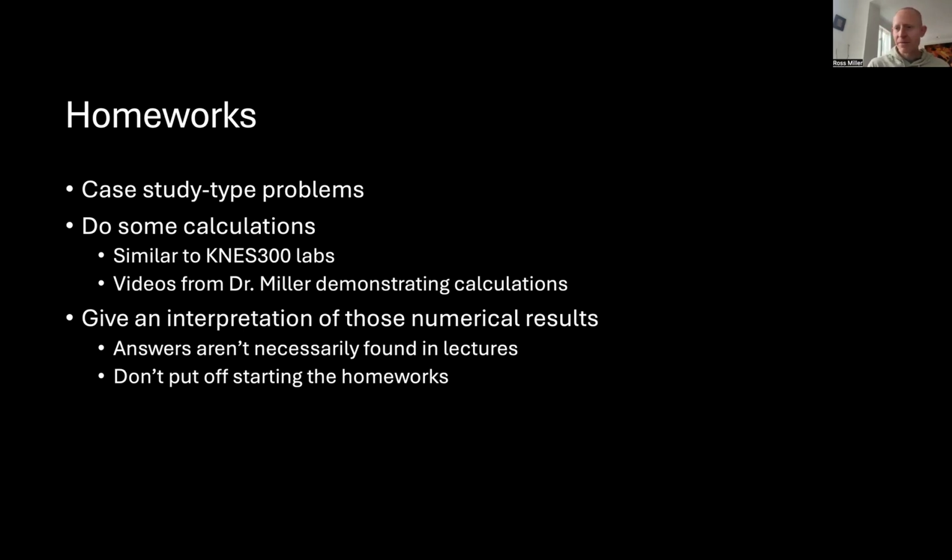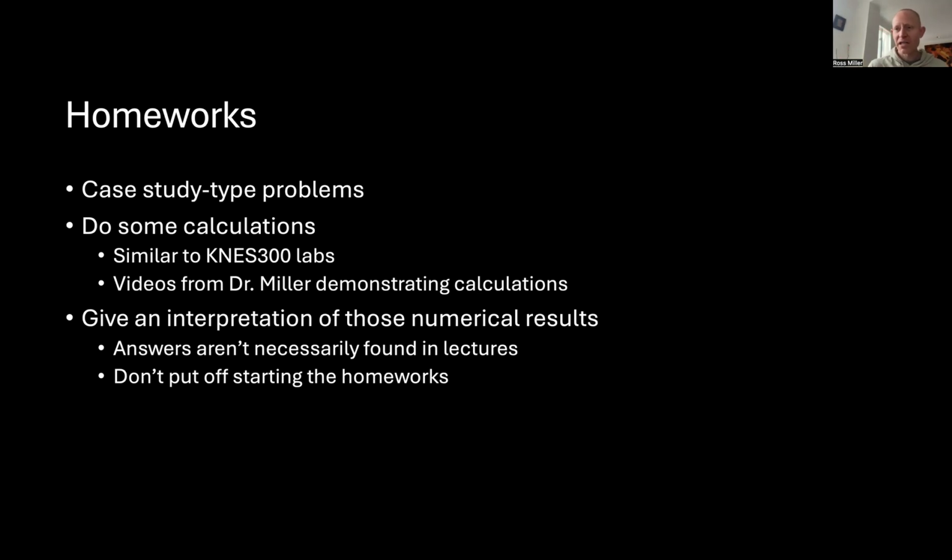The labs in KNES 300 were deliberately structured in a way where the very first one is extremely specific and hand-holdy. We literally give you an example of, here's a 10 out of 10 lab report, make yours look like that. Then as the labs proceeded, they became less and less specific on what you're actually supposed to do and a little bit more broad and open-ended and more up to you on what you're including in that report to effectively answer this question that you're given to address in that particular lab.